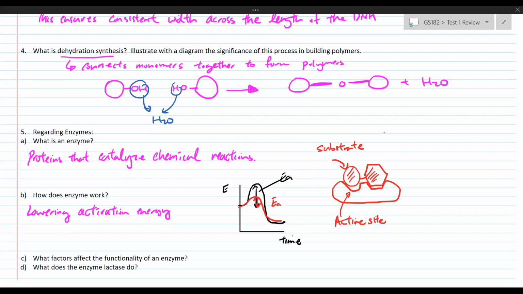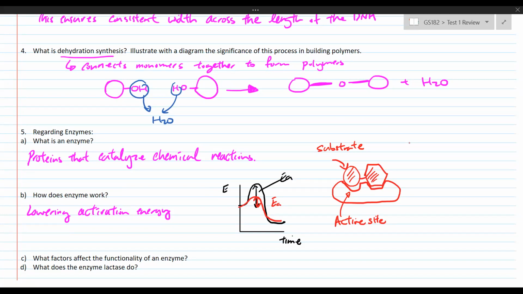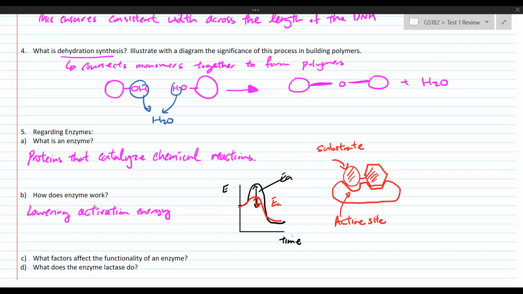You could be breaking the bond in the substrate, that's hydrolysis. It could be like what we learned in lecture 5, substrate level phosphorylation, maybe transferring a phosphate from one thing to another. So the enzyme has an active site that allows the substrate to fit in. Different substrates have different shapes, so they would only be able to fit into a particular enzyme.